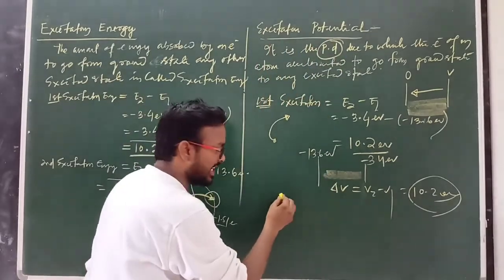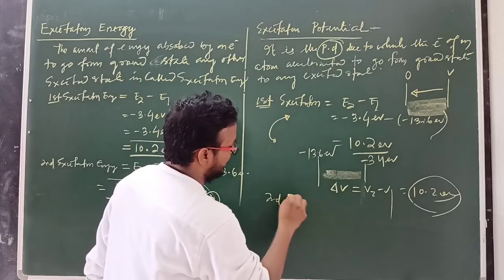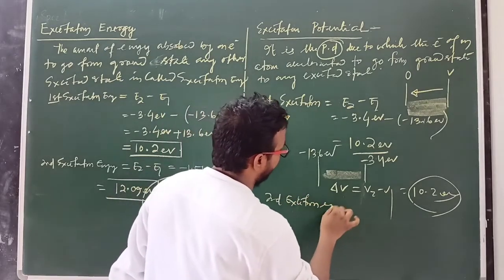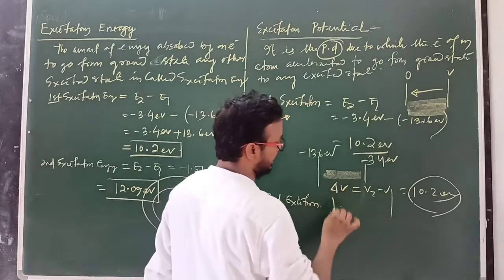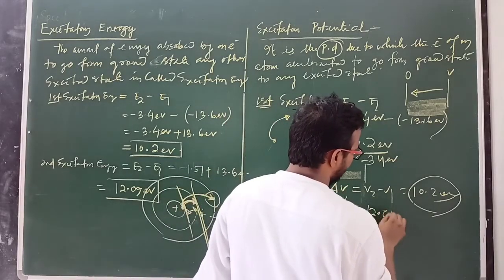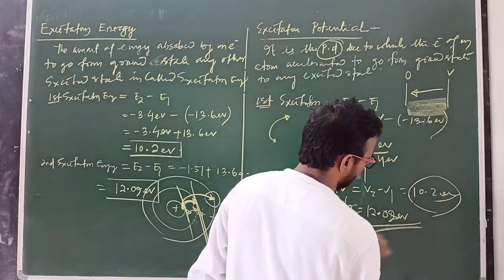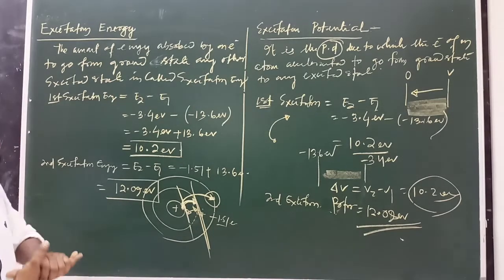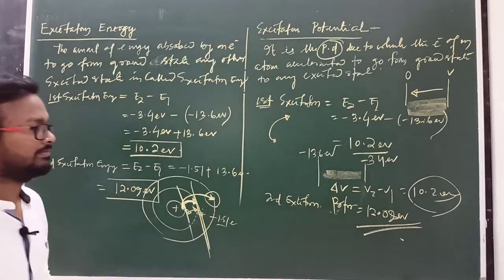Or for the second excitation potential, it is equal to 12.09 electron volt. Clear? So these are the concepts about excitation energy and excitation potential.